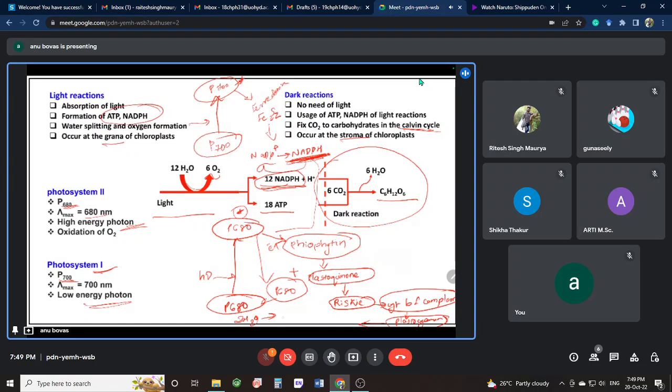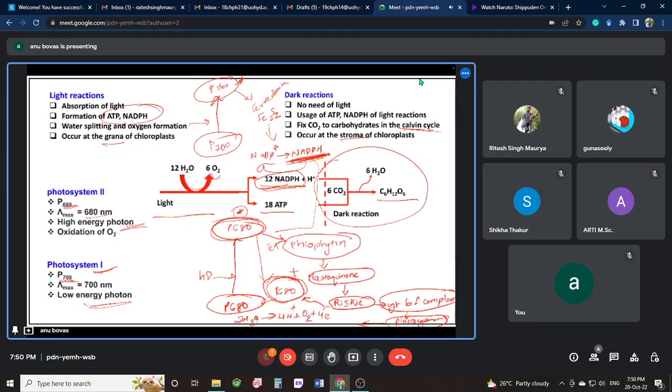From water. Water will convert to 4H plus, O2 and 4 electrons. It will take these electrons and come back to P680. In this state it acts as an oxidizing agent, whereas in the excited state it acts as a reducing agent. This is what happens in photosynthesis.